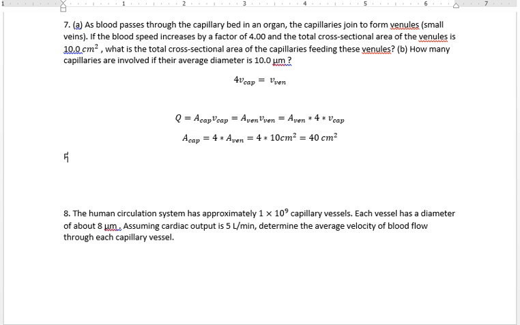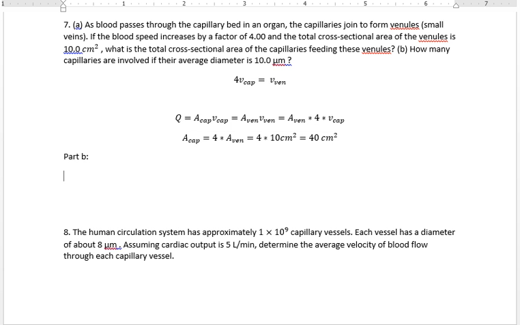feeding the venules. Now in part B, how many capillaries are involved? Their average diameter is 10 microns. Well, if their average diameter is 10 microns, that means the area per capillary is pi times 5 times 10 to the minus 6 meters, squared.